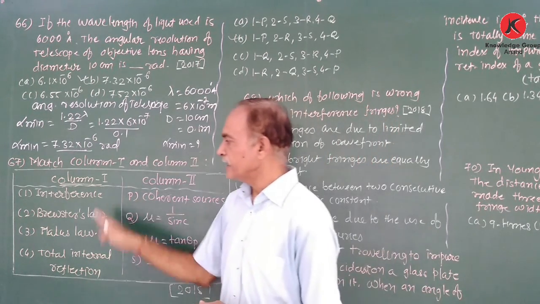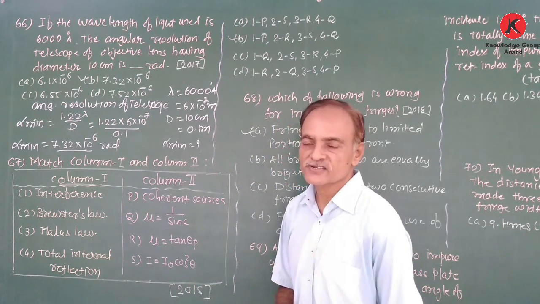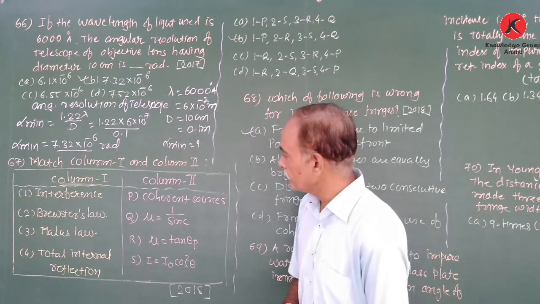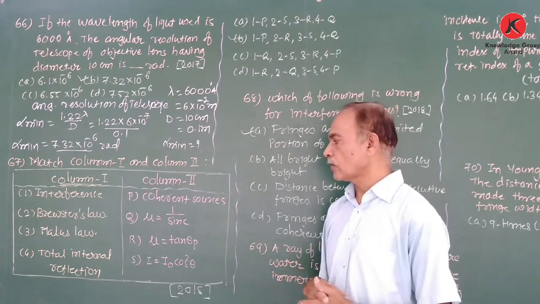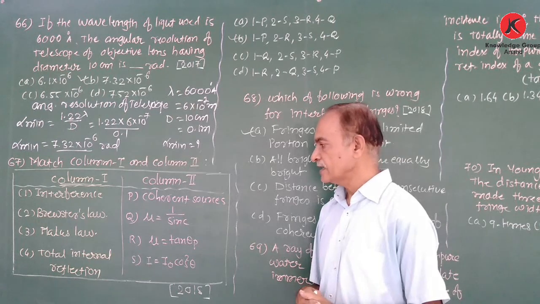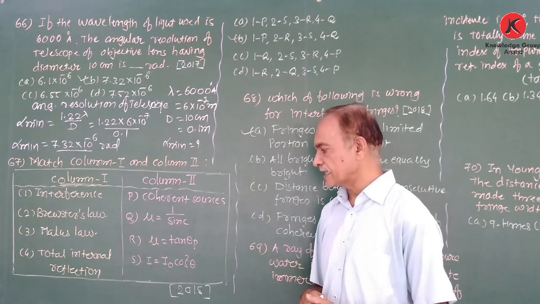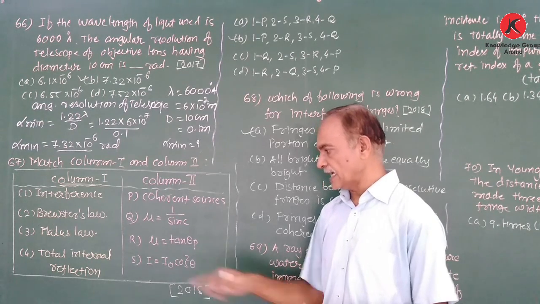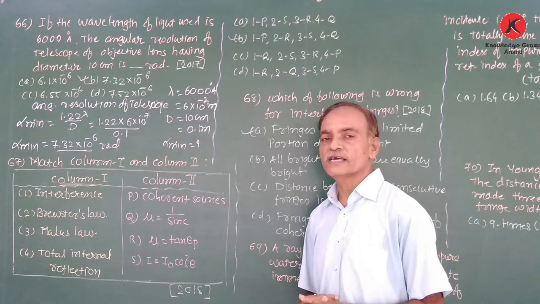In column 1, interference, Brewster's law, Malus law, and total internal reflection are given. In column 2, coherent sources, mu is equal to 1 upon sin c, mu is equal to tan theta p, and I is equal to I0 cos square theta.